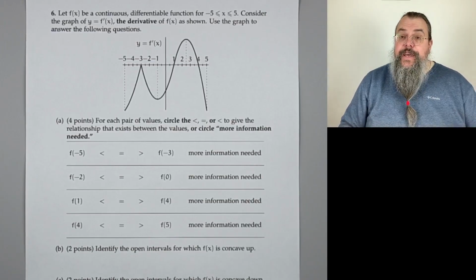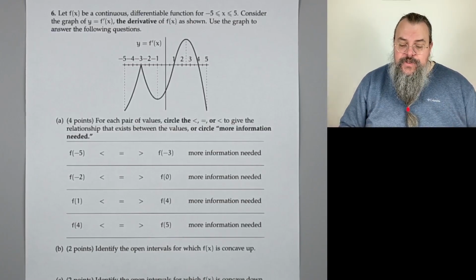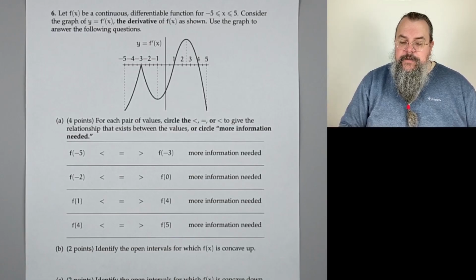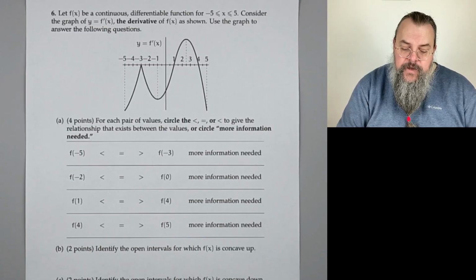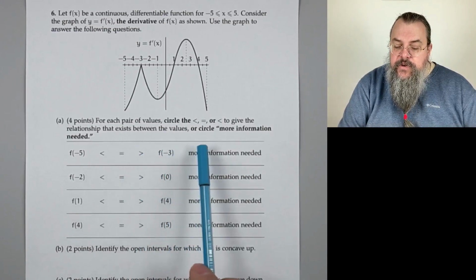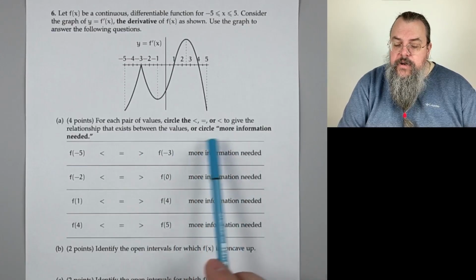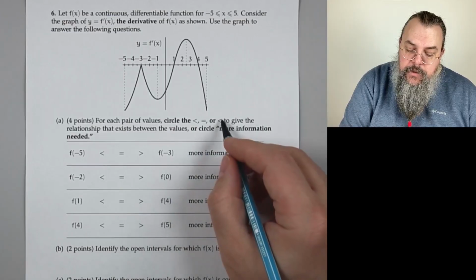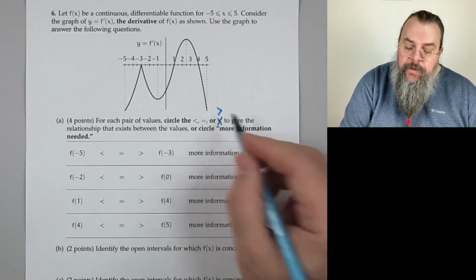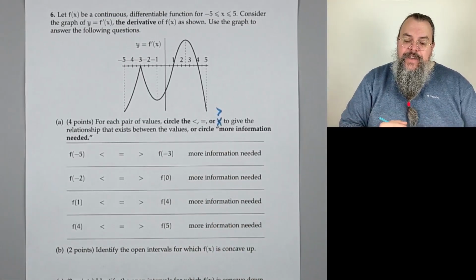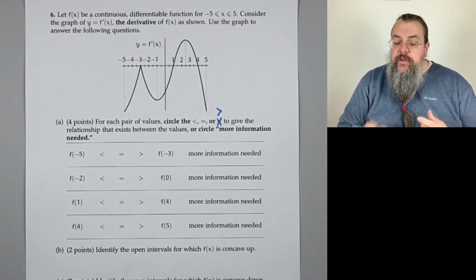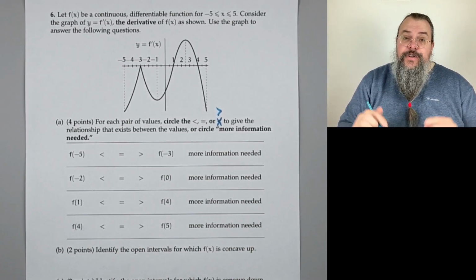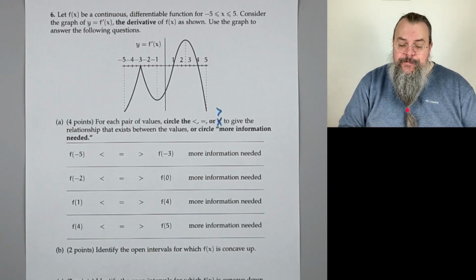Use the graph to answer the following questions. And then we have various things. For each pair of values, circle the less than, equal, or less than sign. Well, that's a typo. They meant to say greater than sign. To give the relationship that exists between the values, or circle more information needed.